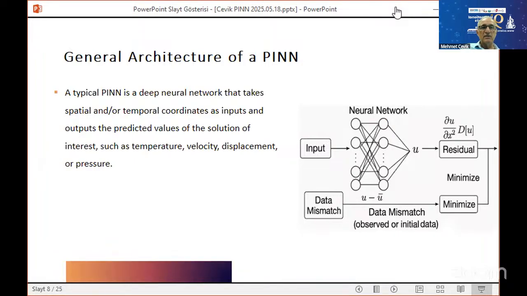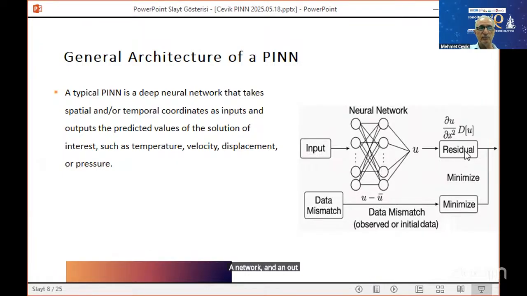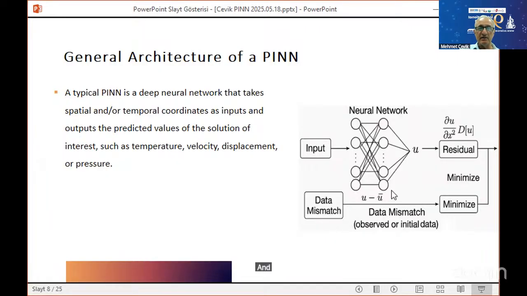The general architecture of a PINN is something like this. Classically, in neural networks, we had input, a network, and an output. But in a PINN, we also include some other data, which is related to the differential equation itself. And we calculate a kind of error.